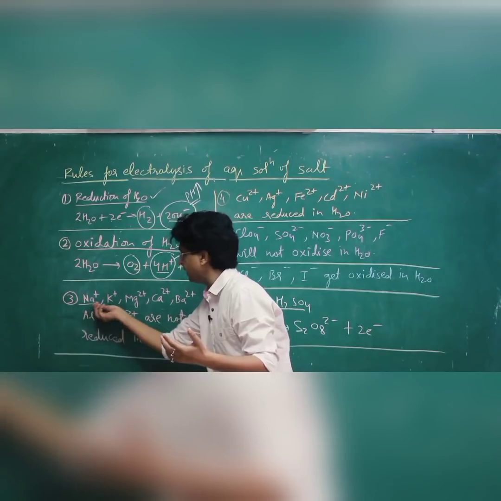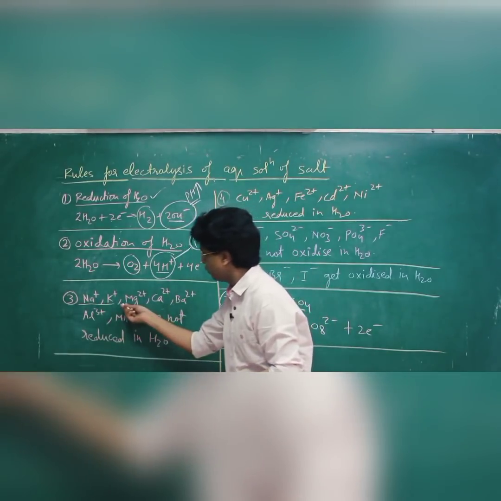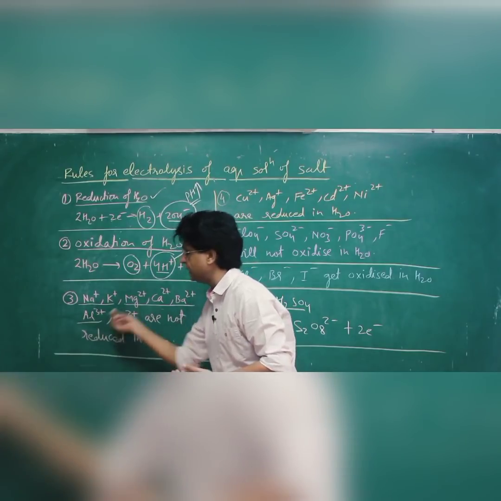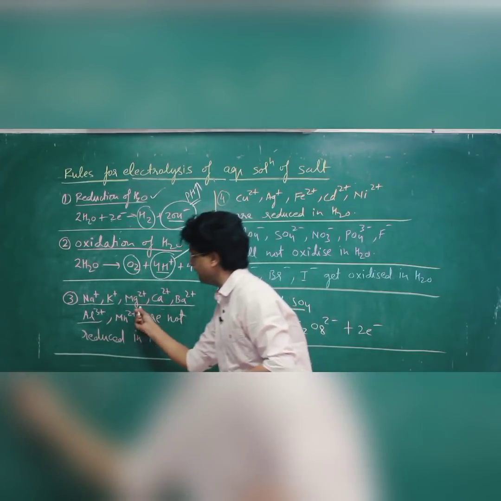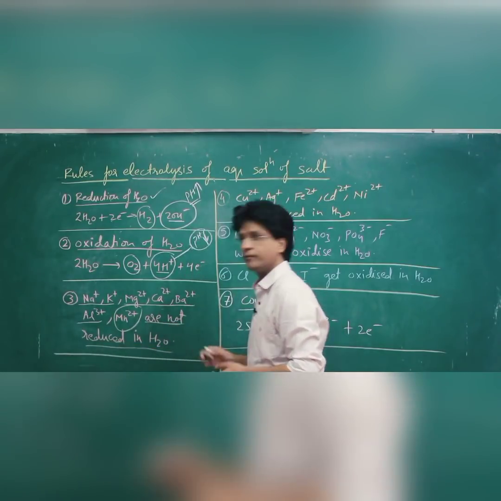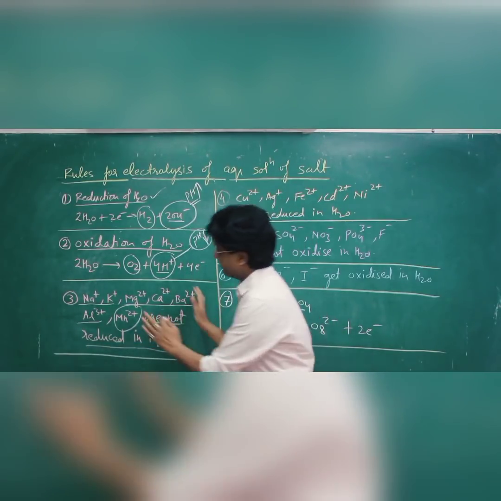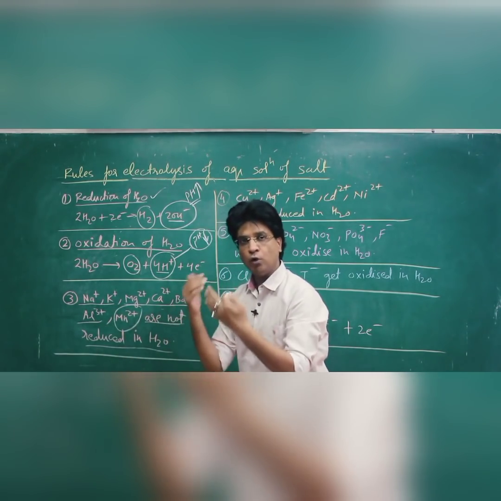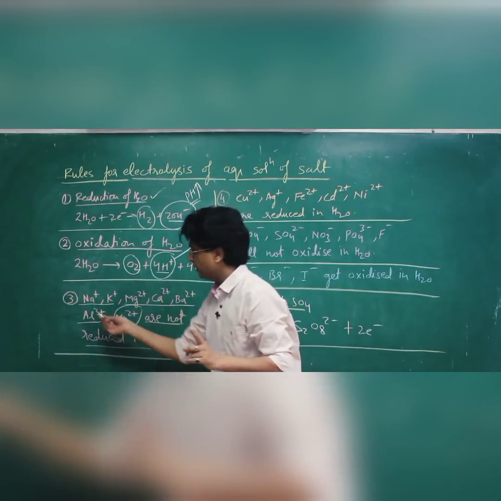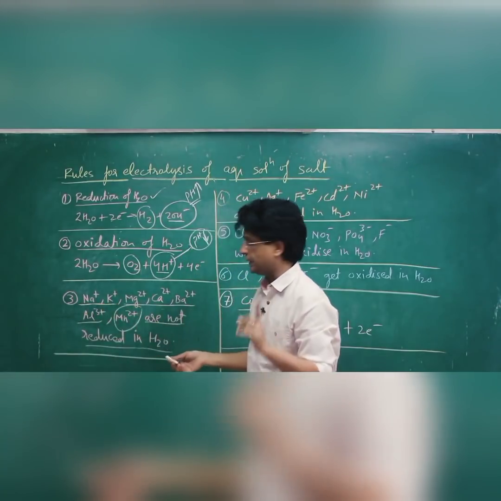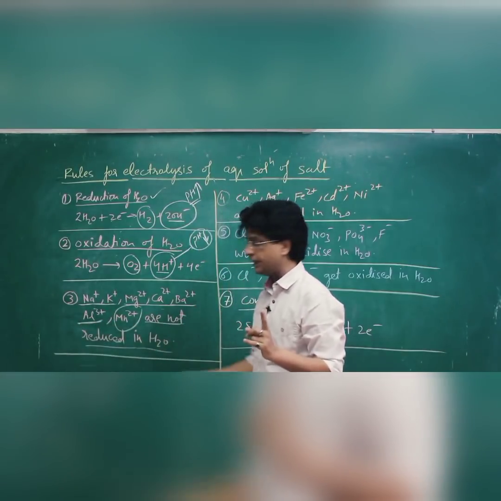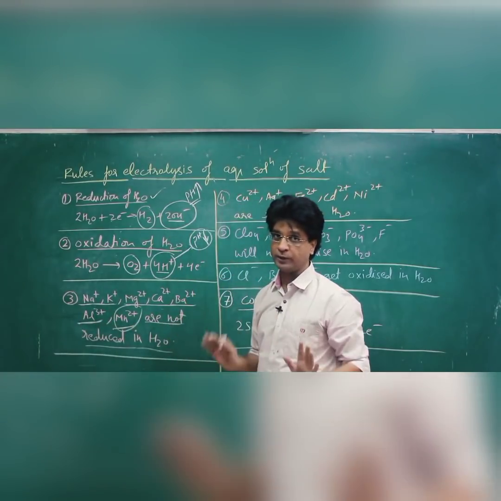Normally group 1 metallic cations, group 2 metallic cations, group 3 metallic cations and Mn2+ are not reduced in water. Simple as that, except these, all the rest of the metallic cations can be reduced in water. So which ones? Group 1, group 2, group 3 metallic cations, and Mn2+ will not be reduced in water.